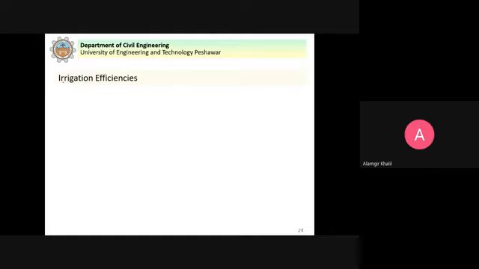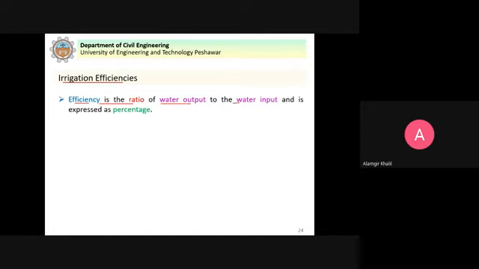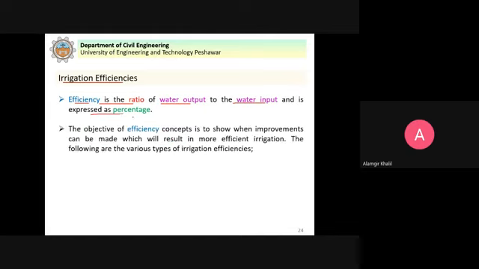Next, we discuss irrigation efficiency, some basic definitions. Efficiency is the ratio of water output to the water input and is expressed as percentage. The basic definition is the output divided by the input.